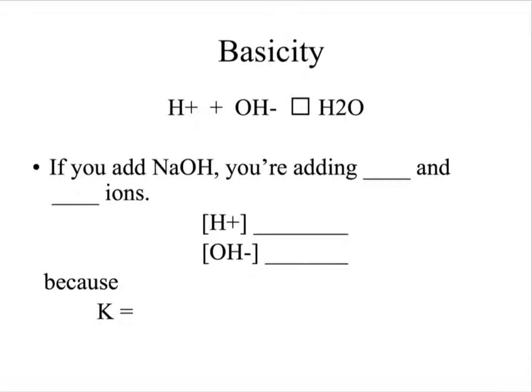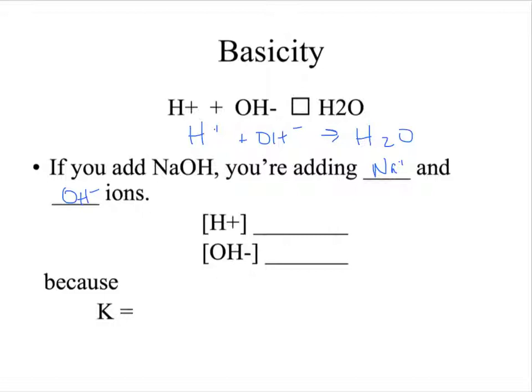Now our same reaction that we had before, where we have H plus and hydroxide making water, if we add a base to this, immediately we get ions as the base dissociates. So you're adding Na plus concentration and hydroxide. So this does not affect our H plus concentration initially.